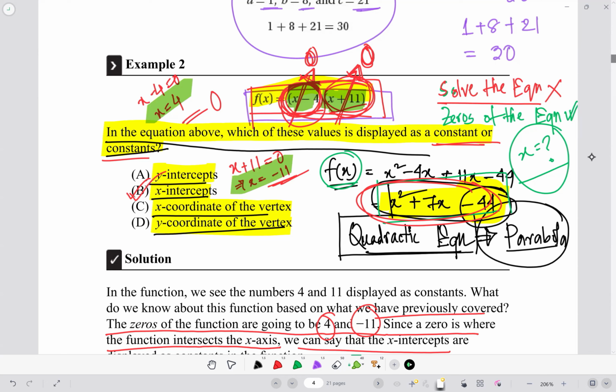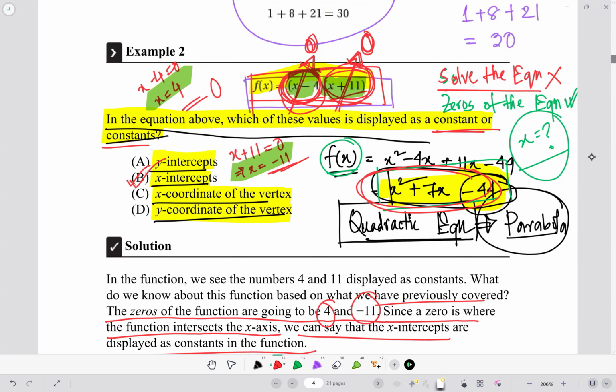And that is the reason we say these are x-intercepts, because x equals 4 and x equals negative 11 are straight lines parallel to the y-axis. If you remember the concepts of coordinate geometry, this is the x-axis, this is the y-axis.